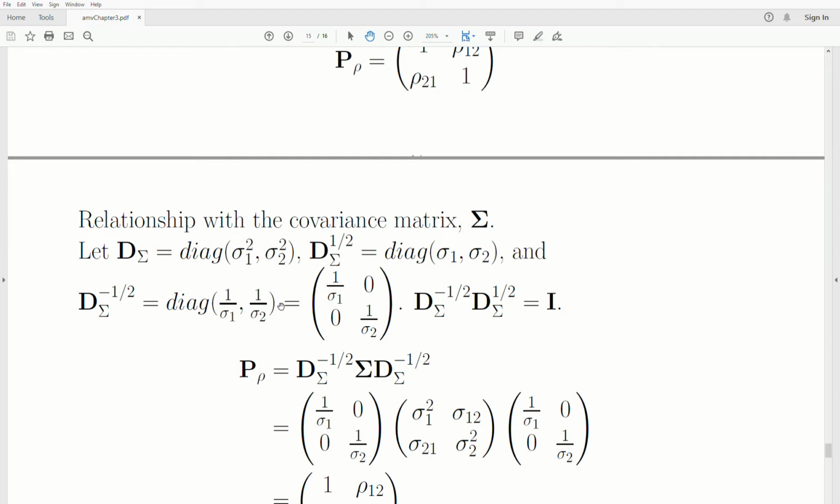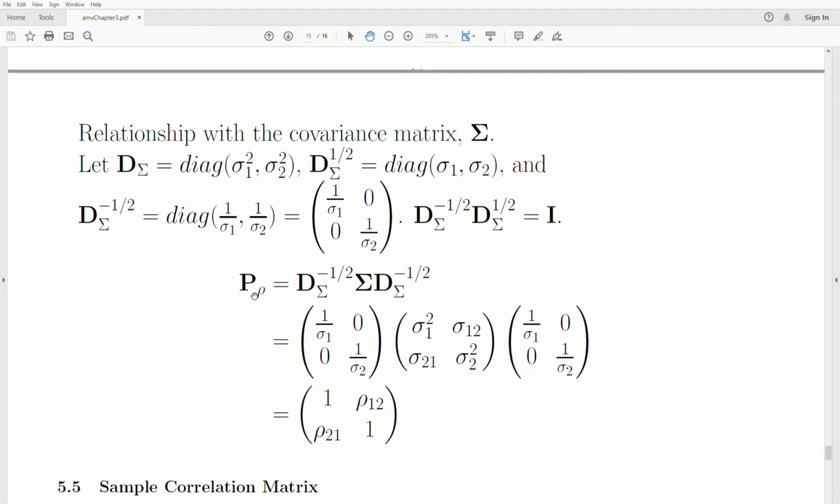And then it can easily be shown that the inverse of the square root matrix times the square root matrix is the identity matrix. So they are inverses of each other. And then this is the relationship.